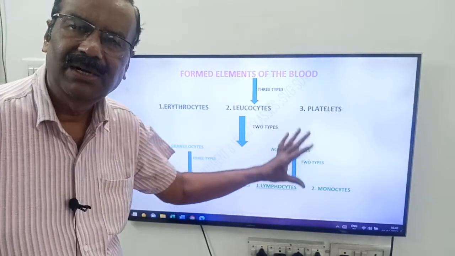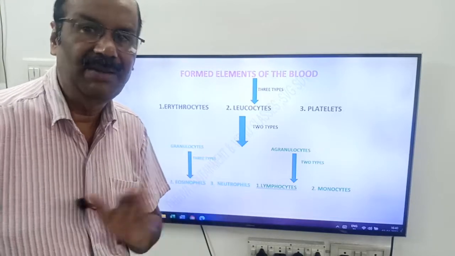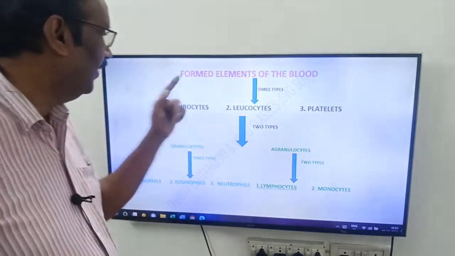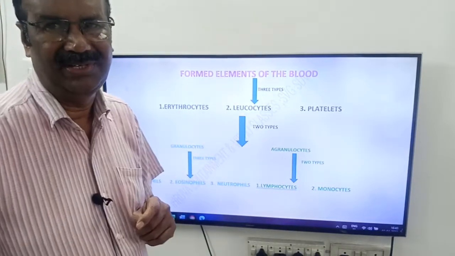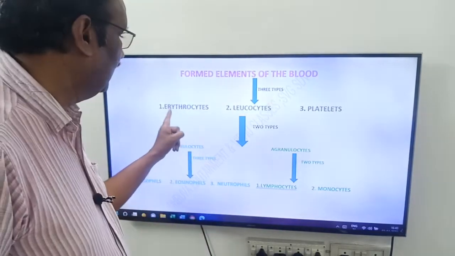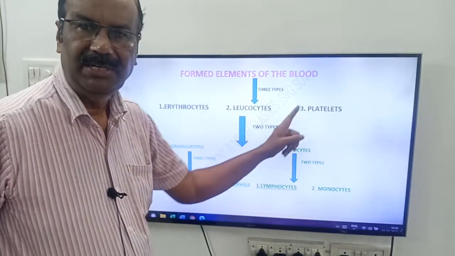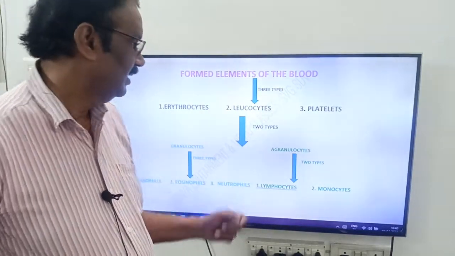If you write all these cells, it becomes formed elements. What are formed elements, friends? They are the blood cells. How many types are there? Three types: erythrocytes, that is red blood cells; leukocytes, that is WBC; and platelets, which are thrombocytes.